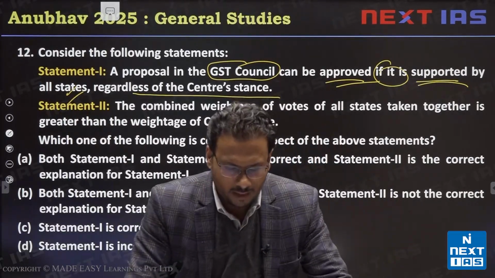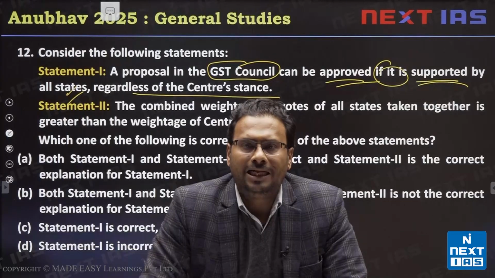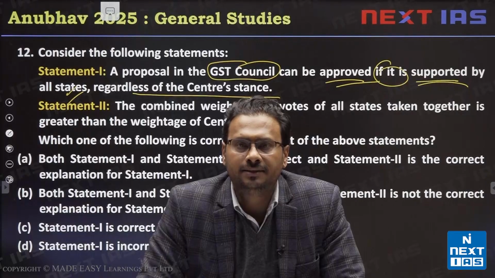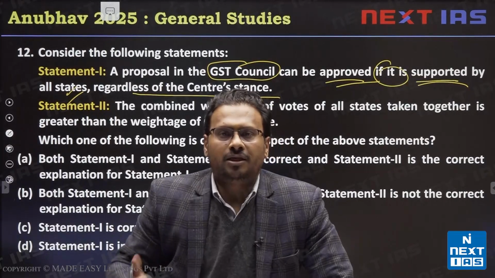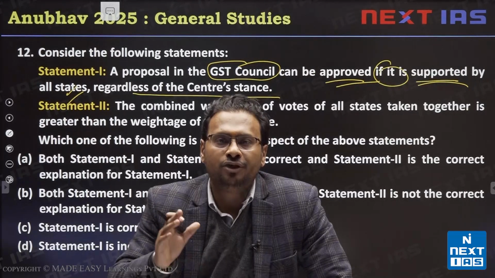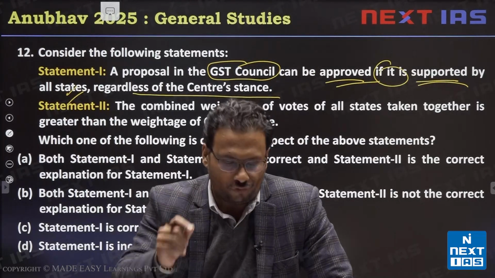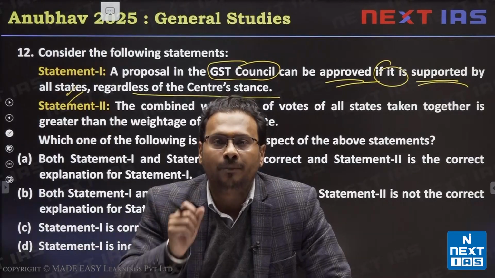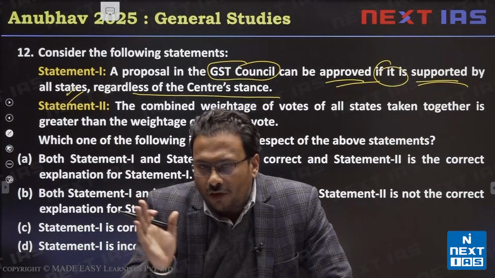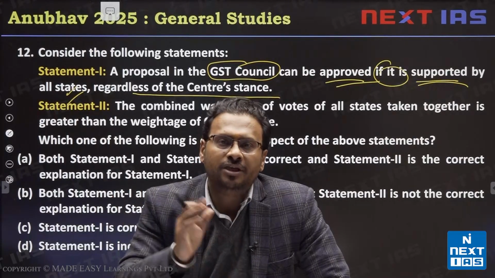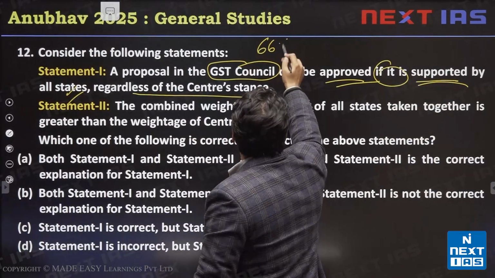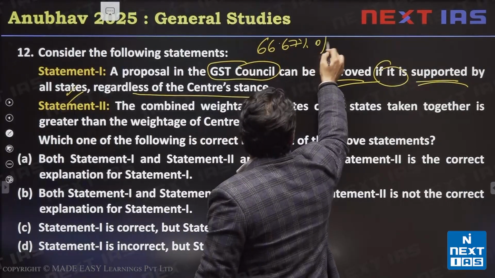Now understand, as per the GST Act 2016, all the decisions taken by the council must be taken by a majority of not less than 3/4 of the weighted votes of the members present. Even if we count all the member states, it will account to only 66.67% of the total weight.